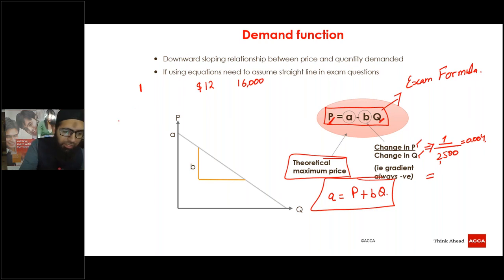Now to calculate A, I can re-equate my formula, which is A is equal to price. So price currently is $12 plus the value of B, 0.0004, which I have just calculated, times the value of Q, which is 16,000.